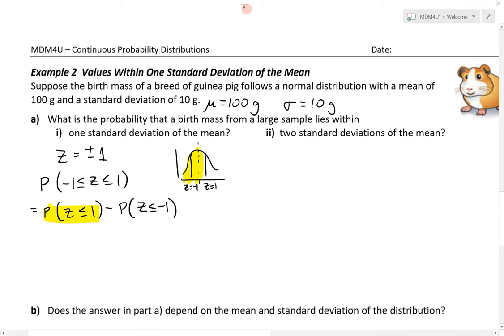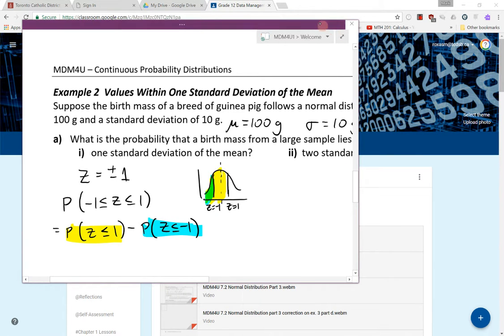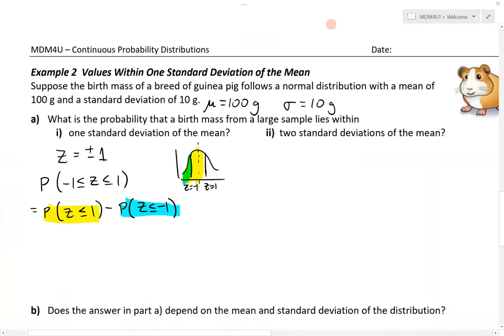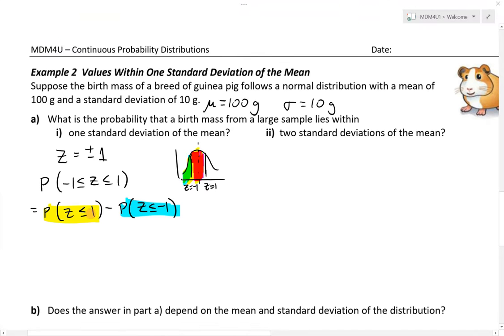But then if I subtract the probability that Z is less than or equal to -1, I get to subtract this portion of the graph, leaving me with what I really want, the portion between -1 and +1. Okay, so that's how I'm setting up the formula.